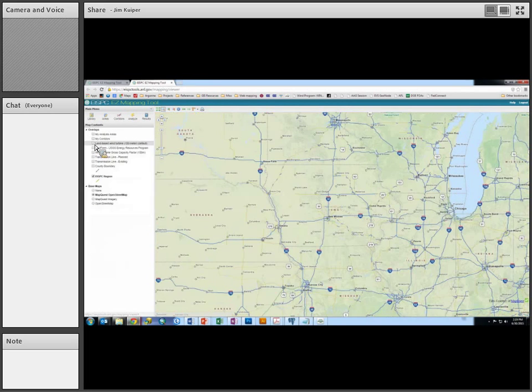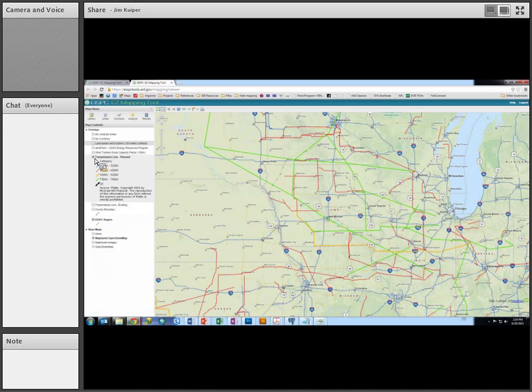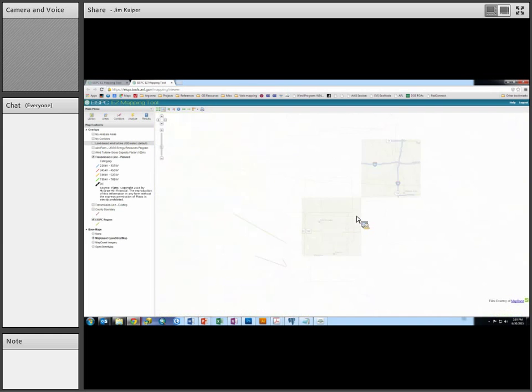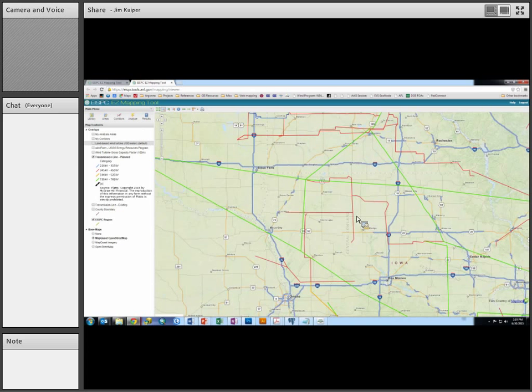And partially reflecting that, you can see that there are some planned transmission lines. This one here is the one that I was looking at for that example. So the point is, say you're an energy planner for the Midwest and you're trying to see, can we make some more wind capacity available?